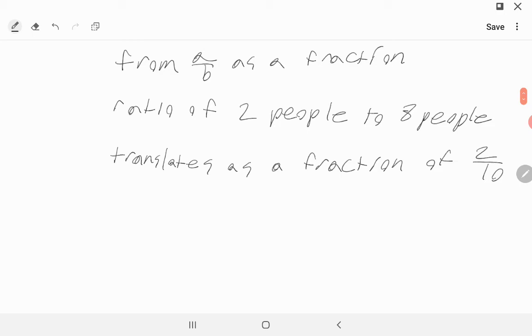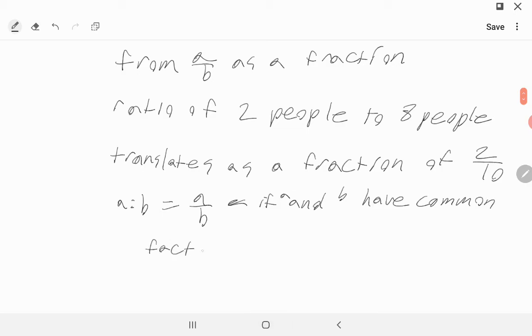This also points out the fact that we can simplify a ratio. If we have a ratio of A colon B, we can write that as A divided by B, and if A and B have common factors, we can simplify the ratio.